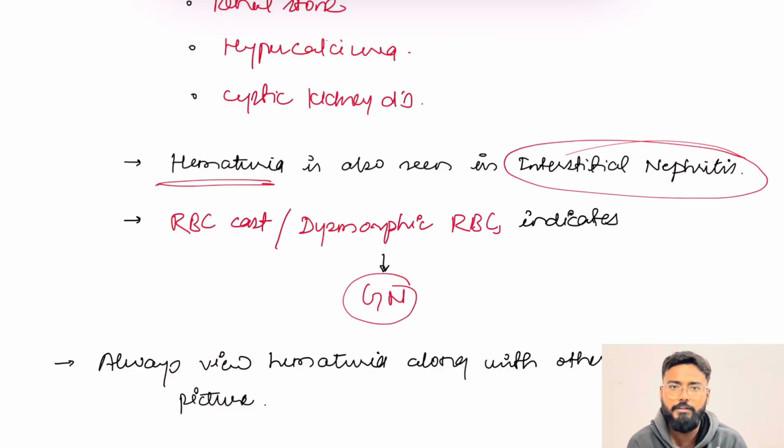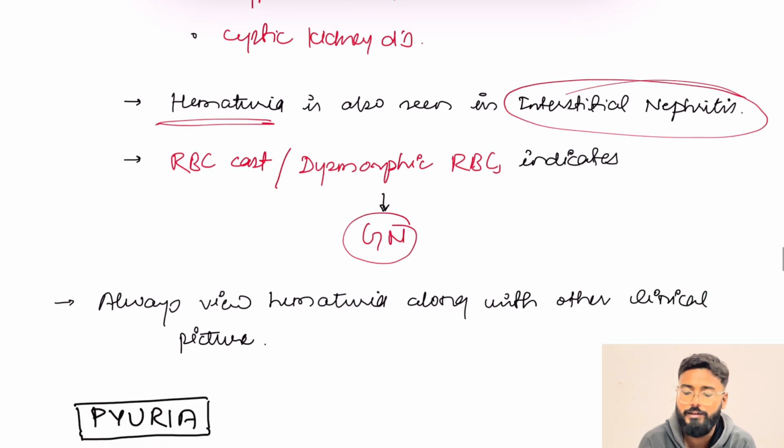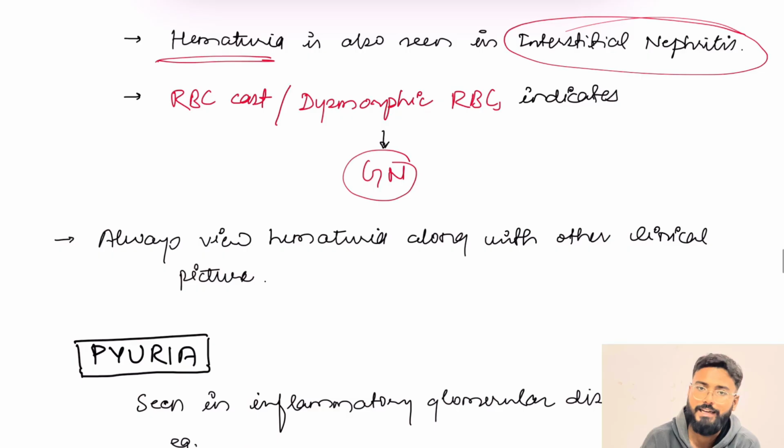An RBC cast is basically whenever the RBCs are present over a cast, and this cast is present inside your tubules and is mainly formed from the tubular epithelium. So the RBC sits on this cast, so it is your RBC cast. And we are going to see this in case of glomerulonephritis, and we will see it in detail in the next video.